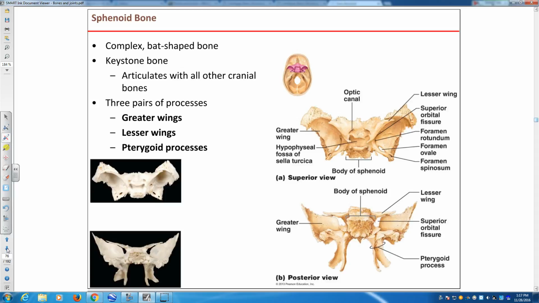Yes? Just real quick, is every last one of these up for question on the test? The bones, like all of these? Oh, no, don't worry. You're going to have the full list of the anatomical terms that you may see on the exam.